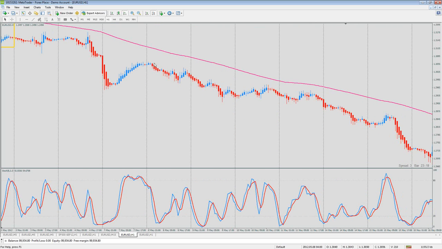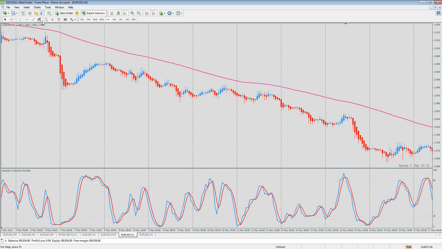Well, let's skip this whole area and look here. This could be a nice entry point, where we see this reversal of this candle here, this more decisive Heikin-Ashi candle after this uptrend.